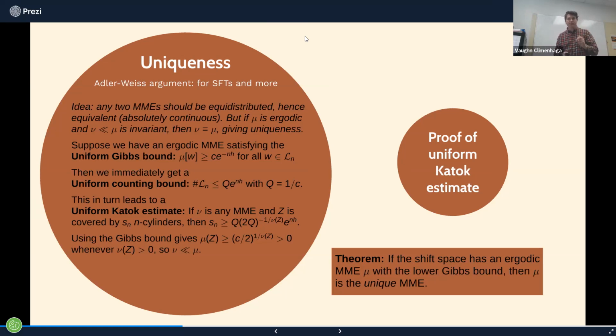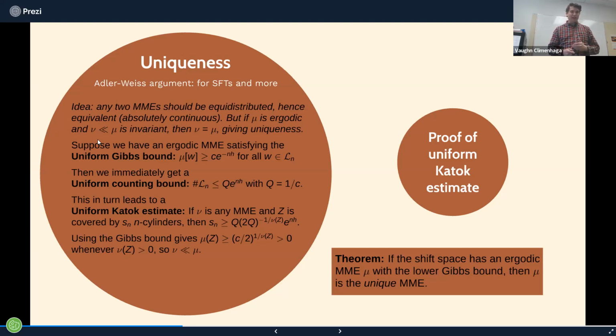But if you could prove, more precisely, that you have an ergodic MME with respect to which any other MME is absolutely continuous, then those two measures would actually have to be equal. This is an exercise in ergodic theory. It's a pretty straightforward consequence of the definition of ergodicity.